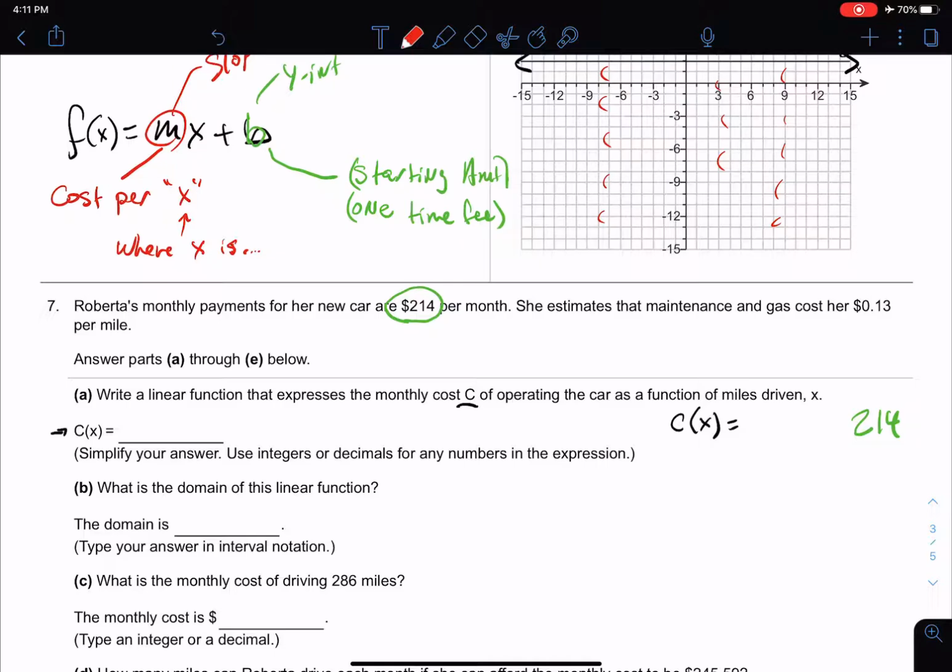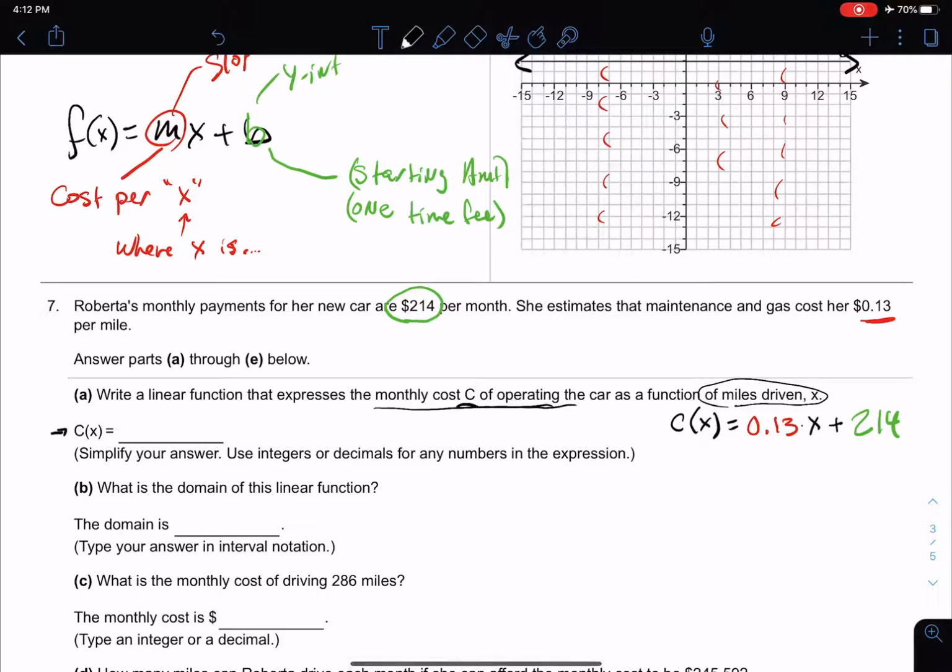It costs her 13 cents per mile. And by the way, they told us right here that C is the monthly operating cost, and X is the miles driven. So that's why this gets multiplied by X.